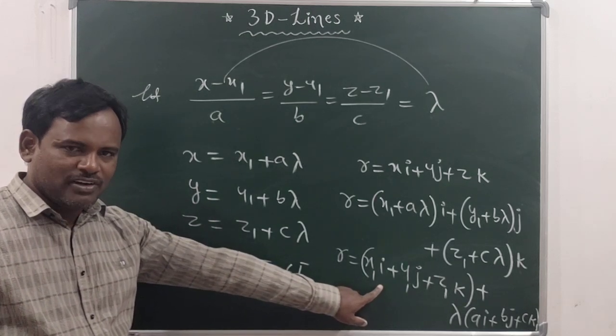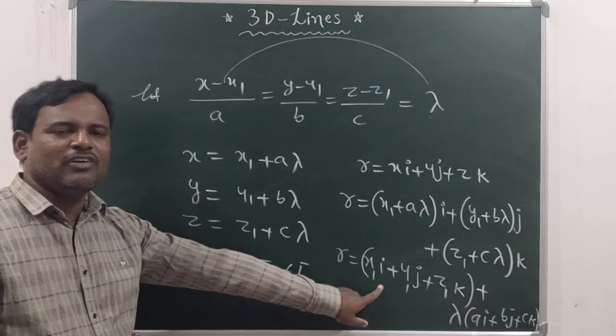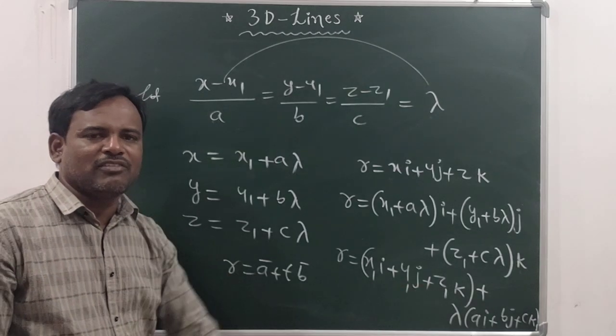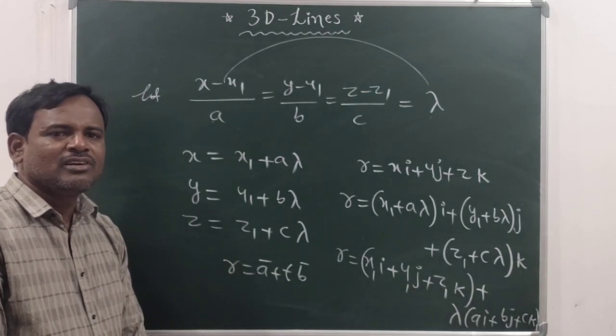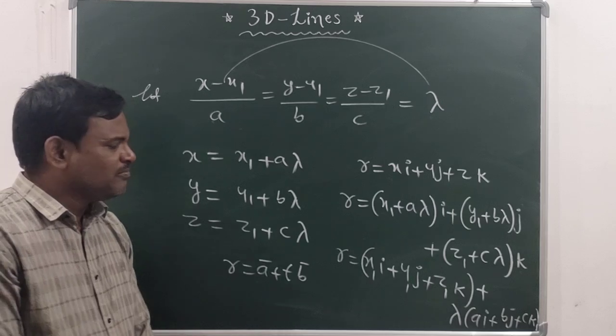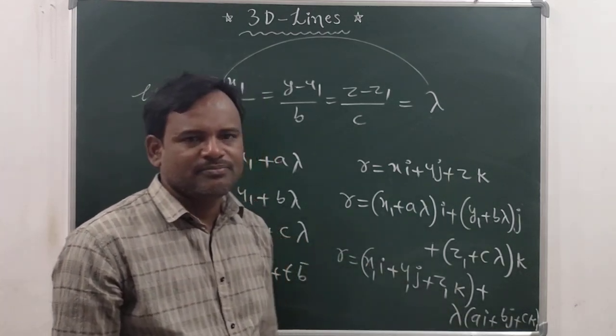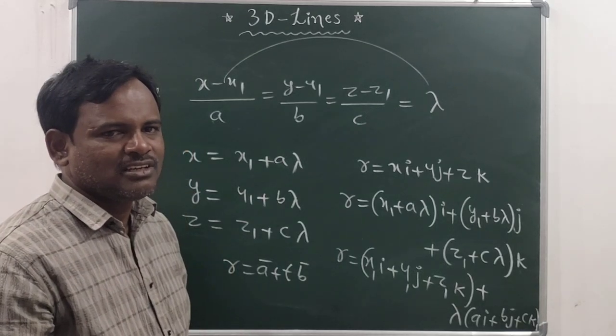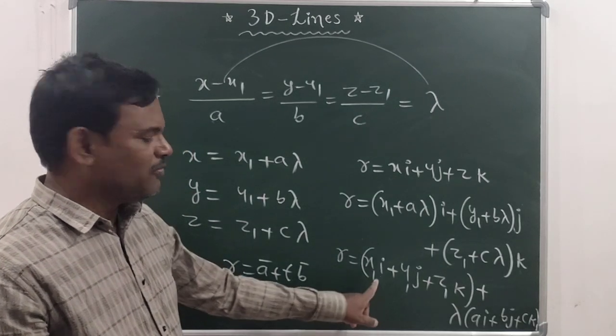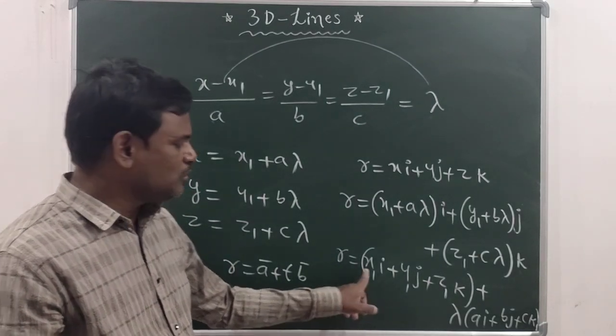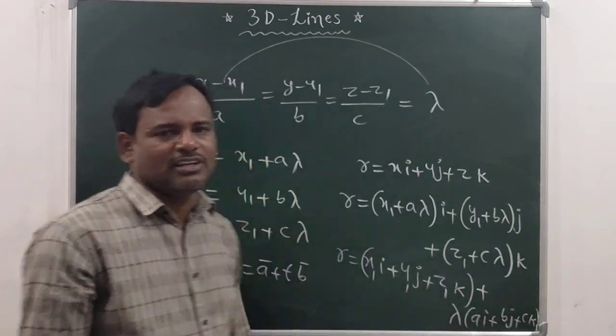Equation of a vector form of a line passing through a point x1 comma y1 comma z1 and having DRs a comma b comma c. Otherwise, vector form of a line passing through this point and parallel to this vector.